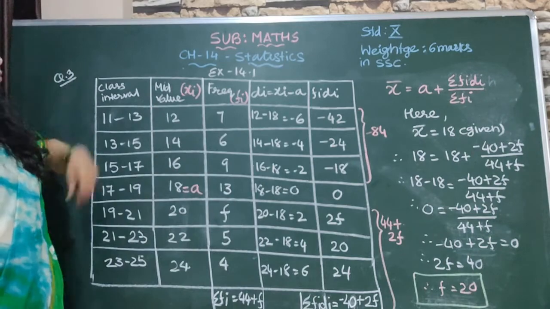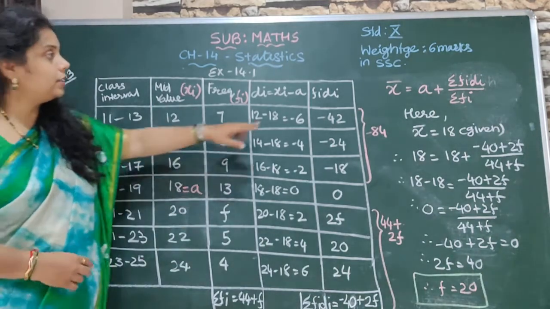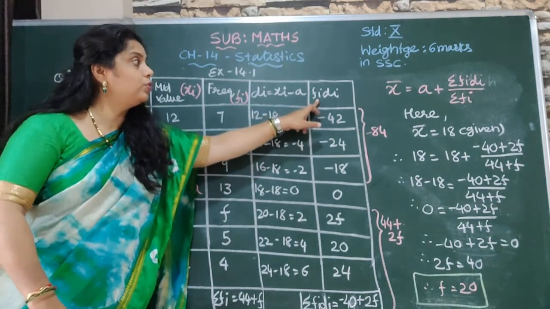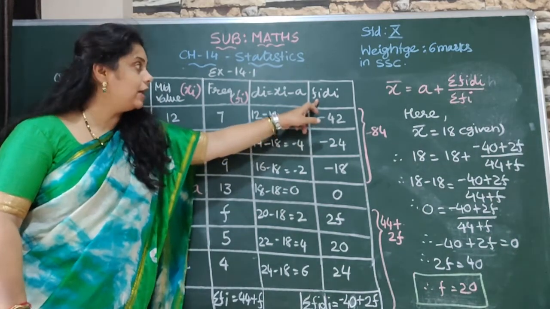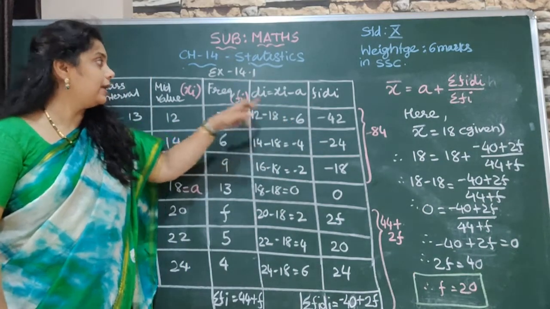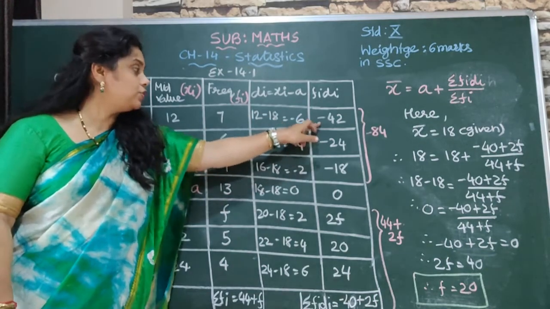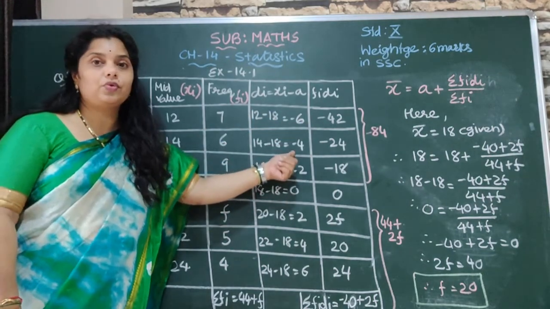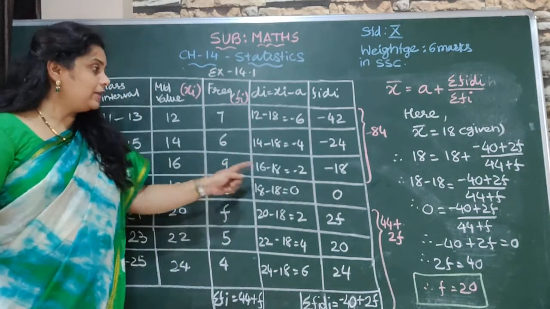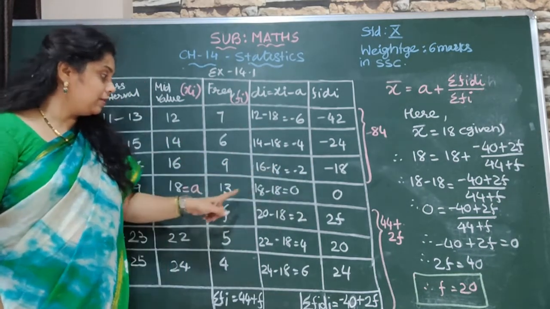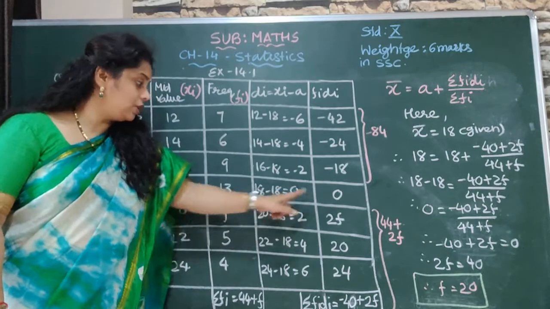Okay. So now the next thing is to calculate the product Fi Di. So here it is Di and Fi is there. 7 into minus 6 is minus 42. 6 into minus 4 is minus 24. 9 into minus 2 is minus 18. 13 into 0 is 0.